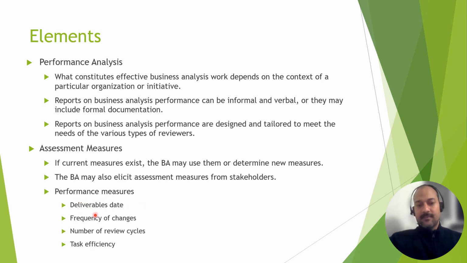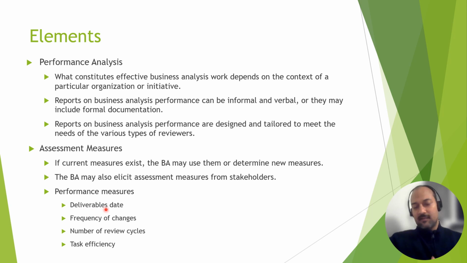Performance measures. In performance measures, one factor we consider is deliverable dates. For example, if the business analyst is producing some deliverables for different stakeholders, those deliverables are set with timings, like this delivery has to be achieved within 2 weeks, 3 weeks, or before certain dates.